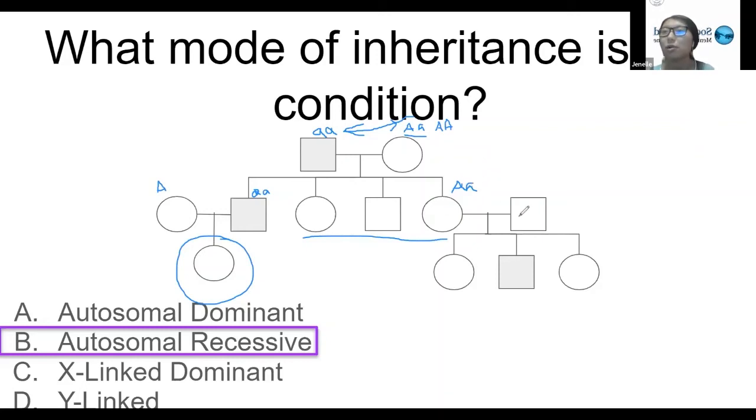And then once you mate, you suddenly see that there is this kid who has this recessive trait. So in that case, if the father is normal, then we would know that in order for this child to have this recessive trait, the father would probably also have to have this recessive allele in order to create this recessive trait.